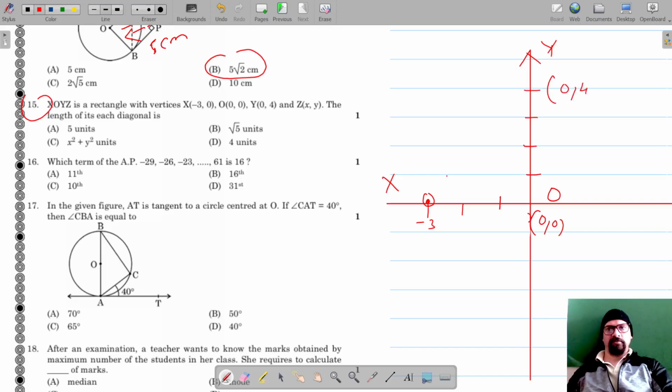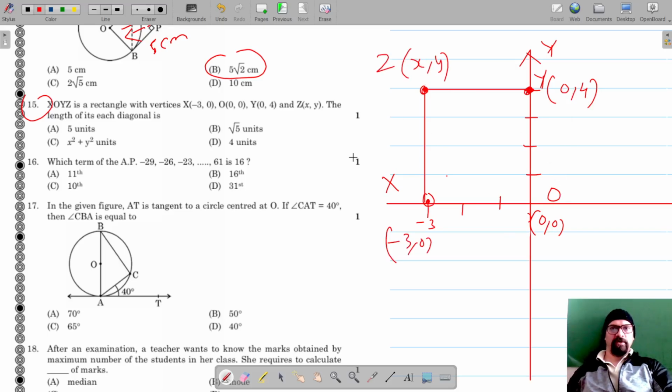So this is 0 comma 4, which is Y. So X, O, Y, and Z are the vertices.